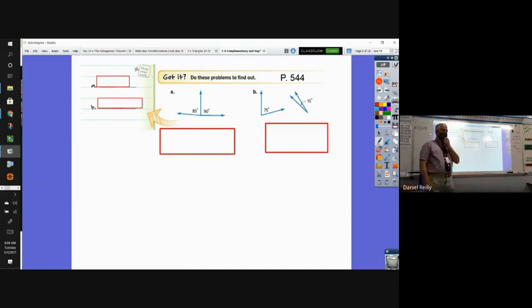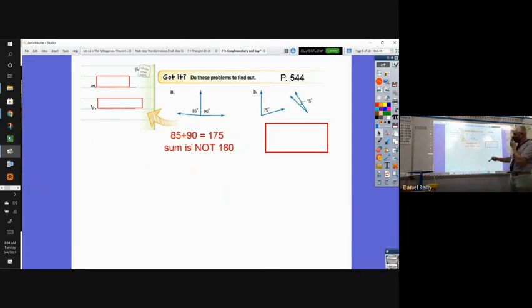Okay, letter A, supplementary, complementary, or neither. Jack Stanton. Neither, because these two angles do not add up to 180 degrees. They add up to 175 degrees.